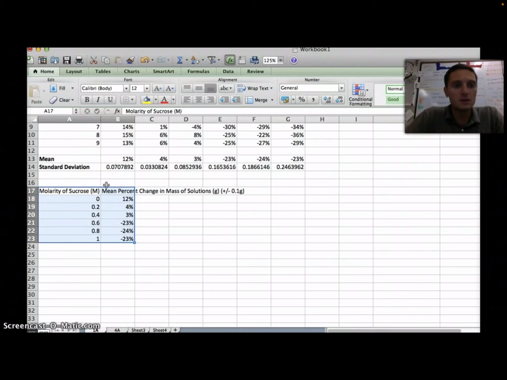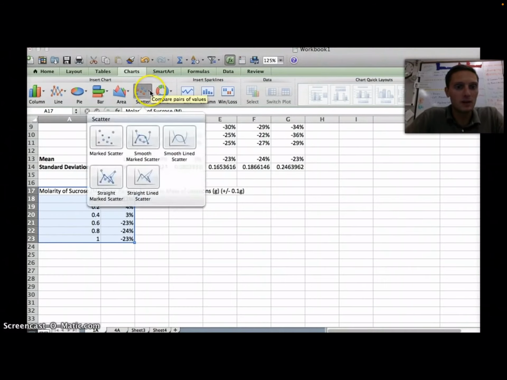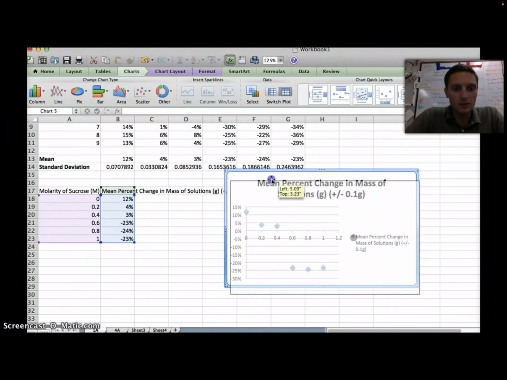Then if I look up above on my toolbar, there's a tab that says Charts. I'm going to click on Charts, and I want to use something called a scatter plot. So I'm going to hit this little down arrow, and I want a marked scatter plot. This is what we're going to use. And if I click that, it'll insert the chart for us nicely.